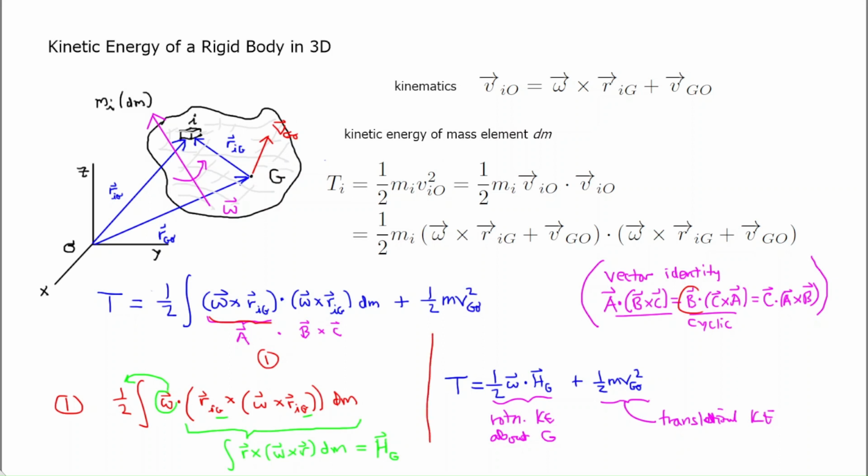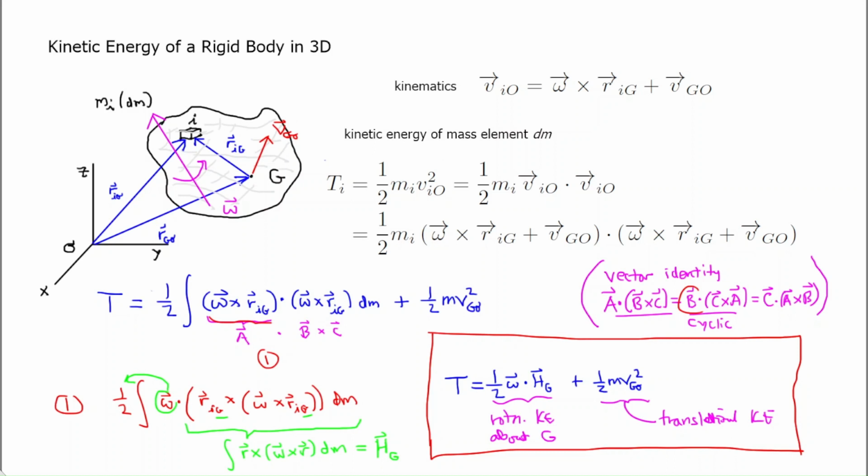Now, it might be mildly unsatisfying to stop here and say, well, what can we do with h sub g? I think what you'll like to do is take a look at a recent video of mine on the angular momentum vector of a rigid body in 3 dimensions.